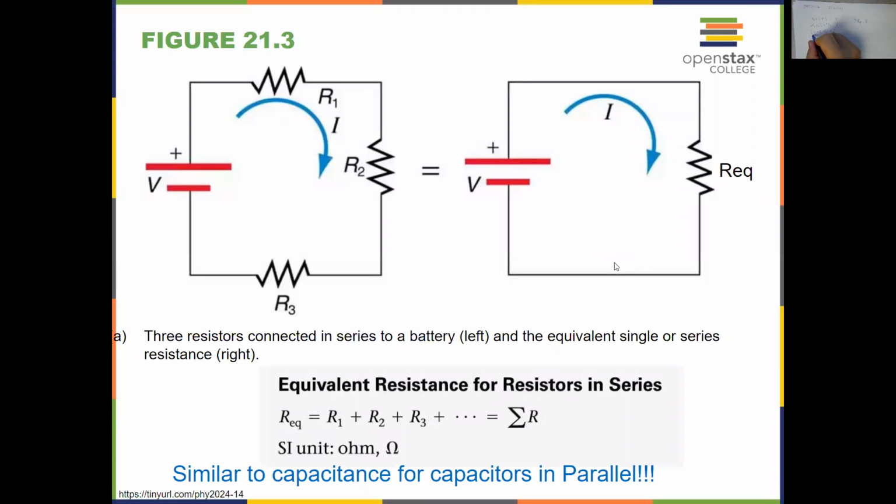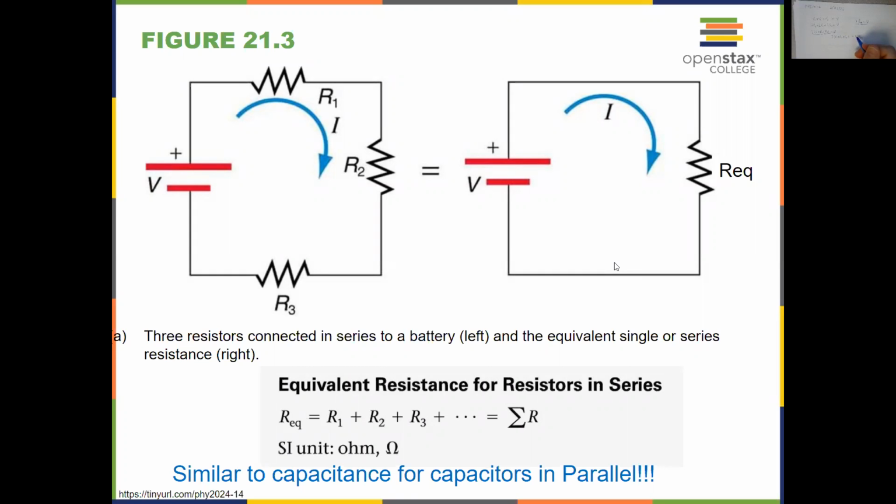So V is equal to this, and V is equal to that. So I times (R1 plus R2 plus R3) is equal to I times R equivalent.